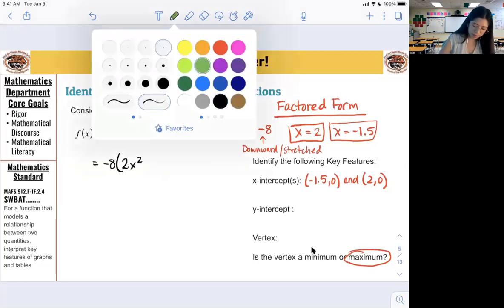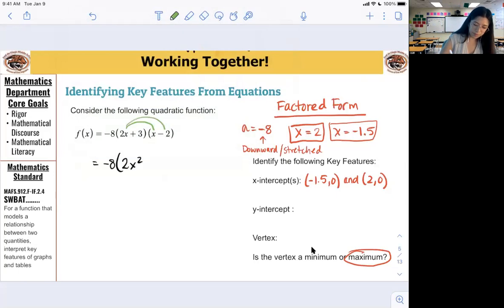2x times negative 2, negative 4x. 3 times x, 3x, and 3 times negative 2, minus 6. Awesome. Next step, what do I do? Simplify. Combine like terms.